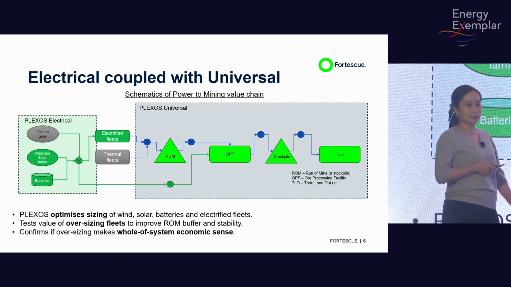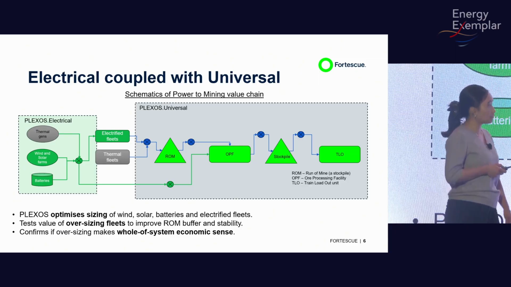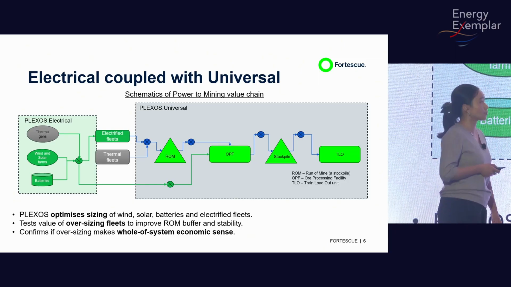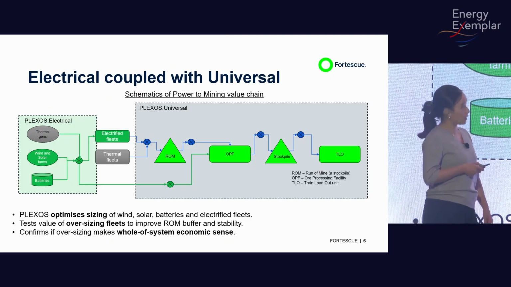It's a plant that operates most of the time at a fixed level, but Fortescue is also challenging the limit, so there is some level of demand response, and flexibility has been targeted in the OPF operation.